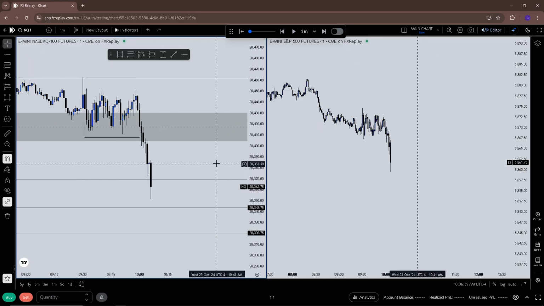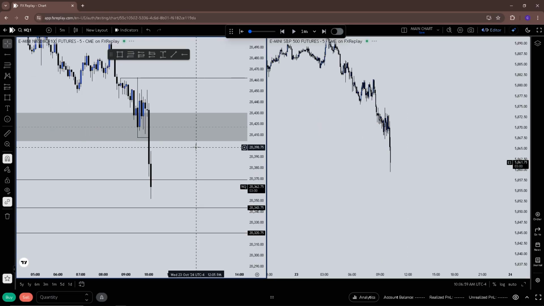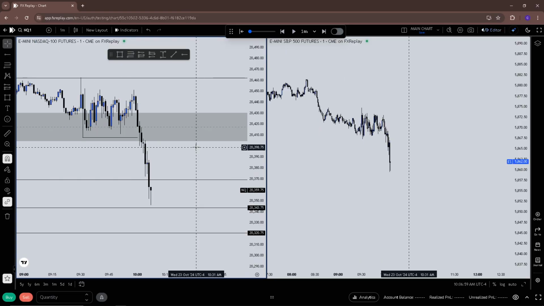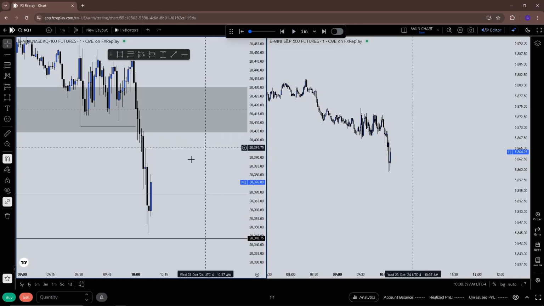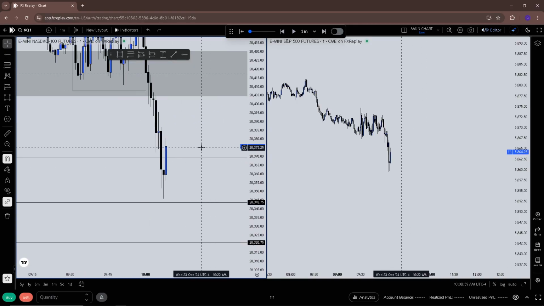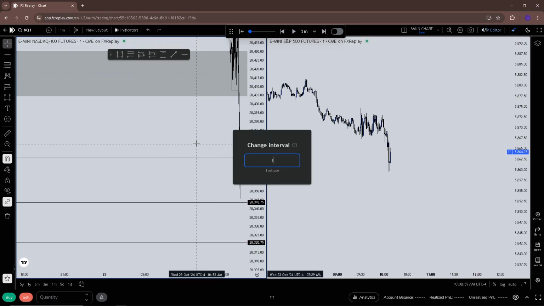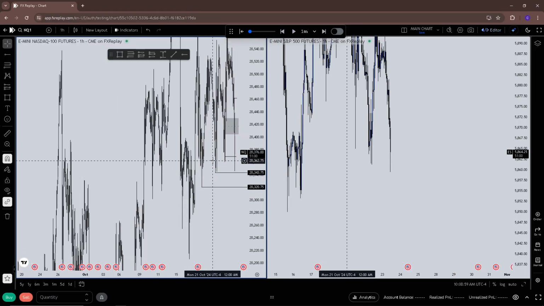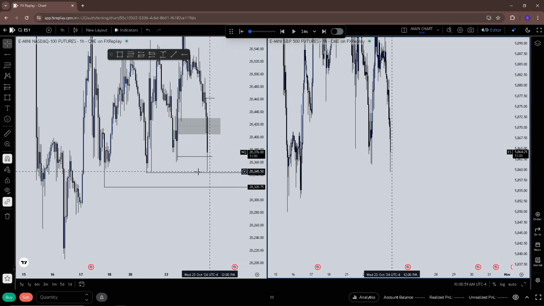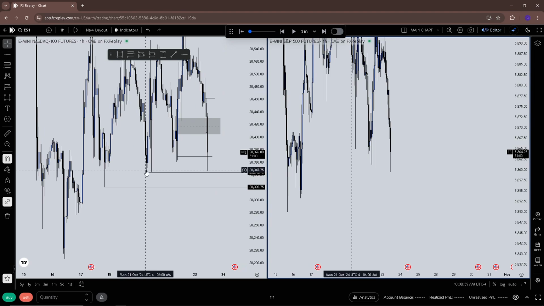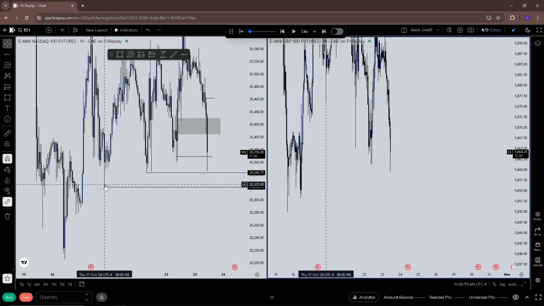Still have more lows. It looks like we want to pull back to. Get this 1 minute inversion after sweeping out this low. Yes, already took it.